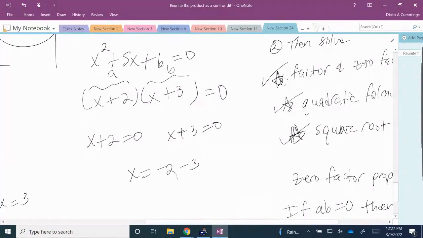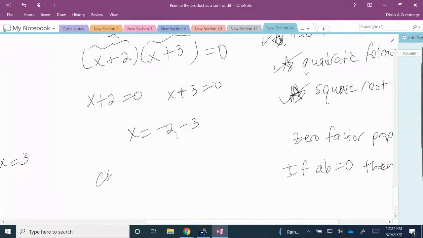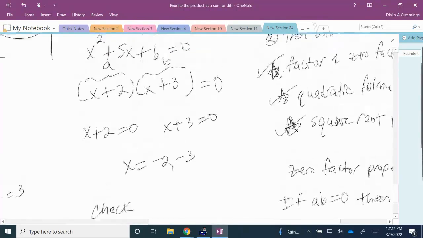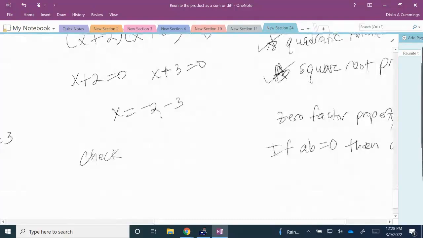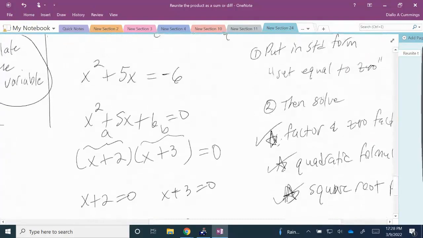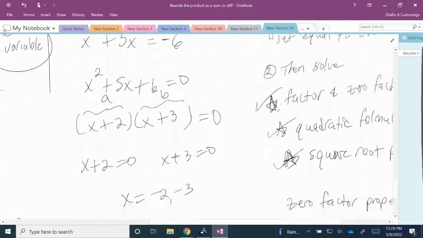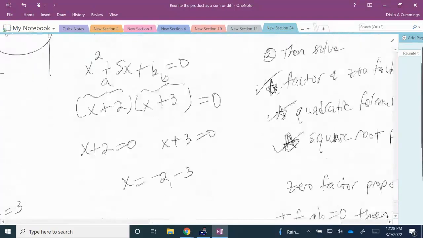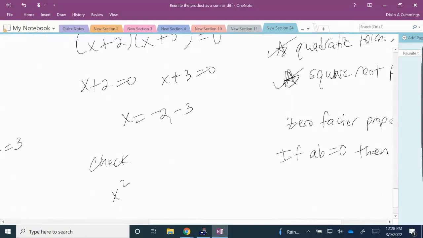Here again, you can check your solutions. So in order to check, we can only check one solution at a time. Right? So we're going to go back to our original equation. x squared plus 5x is equal to -6. We're going to substitute in -2 for x.